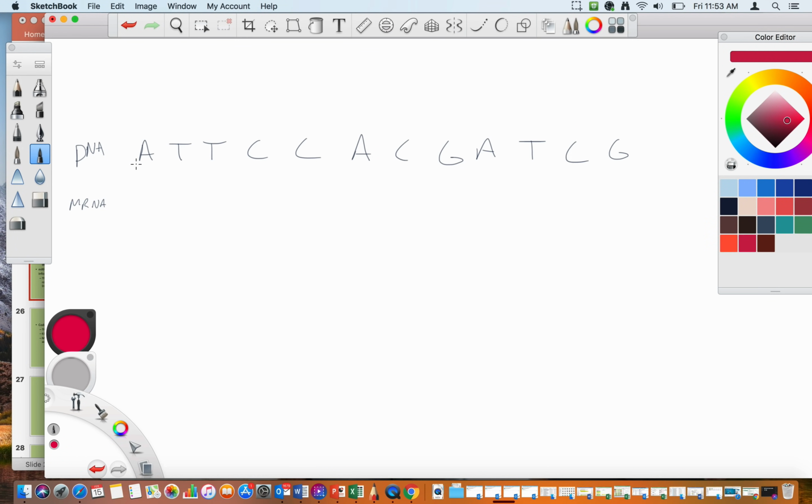All right, here I have a template DNA strand. We know it's DNA because there's thymine in it. RNA polymerase would read this strand and synthesize RNA from this template strand. So where we have an A in DNA, we would have a U in messenger RNA.